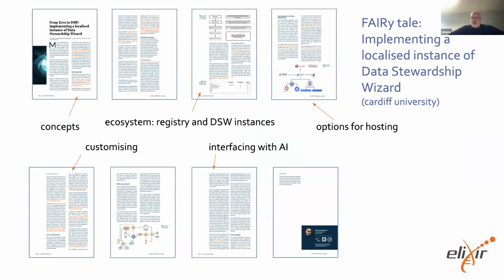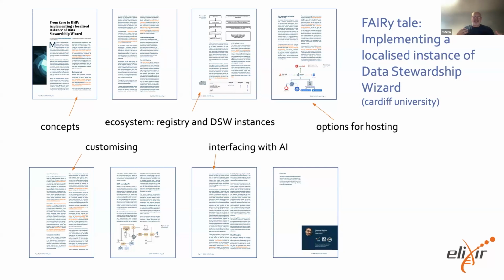The author of this, who is actually a research software engineer, talks about how he hosted this locally and options for paid hosting, and then customizing, changing the look and feel of the interface with things like university logos, for example, and then how to code the export into a document that can be copy pasted into the UK Right funded service. Also, he's written a piece around using DSW, the API, and interfacing with AI.